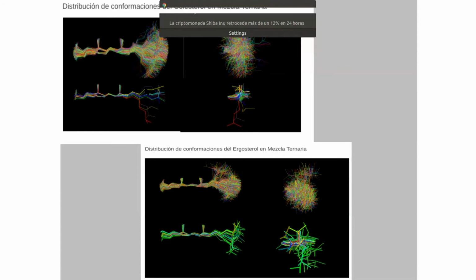And you see that there is a difference. For instance, here the ergosterol is more planar than cholesterol.